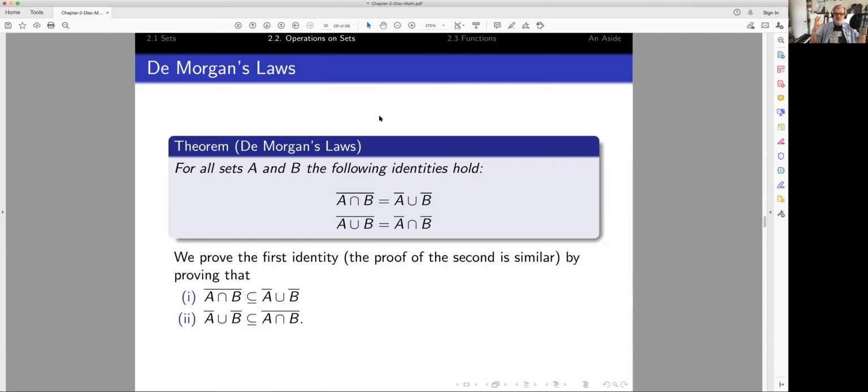Remember, two sets are equal if they have the same elements. So here, little i says the elements of the left-hand set are all elements of the right-hand set. And the second one says the elements of the right-hand set are all elements of the left-hand set. So basically, they have the same elements, and hence they must be the same.